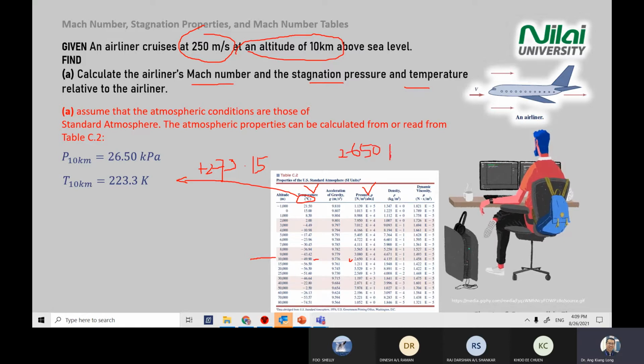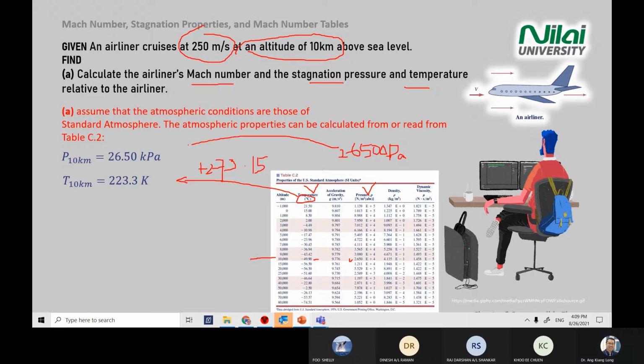In this table, you're seeing Newton per meter square, which is equivalent to Pascal, and you need to know how to convert E plus 4. E plus 4 is 10 to the power 4. So 2.65 when you multiply by 10 to the power 4, you will get 26,500.